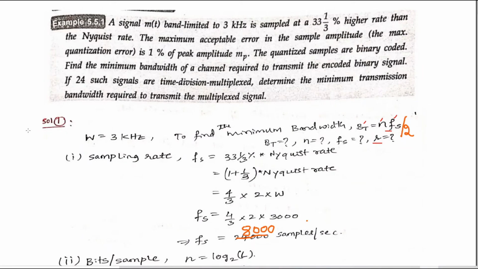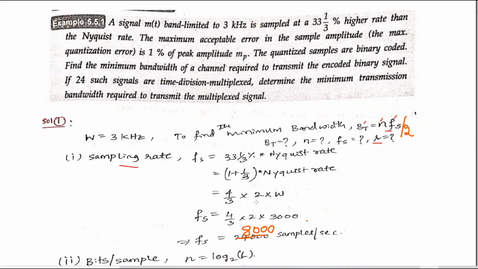So to calculate the sampling rate, we are going to use the equation for fs. fs is the sampling frequency. It is nothing but the Nyquist rate in the general case, but here it is 33 1/3% more than the Nyquist rate, which is 1 plus 1/3 times the Nyquist rate, so it is 4/3 times the Nyquist rate.